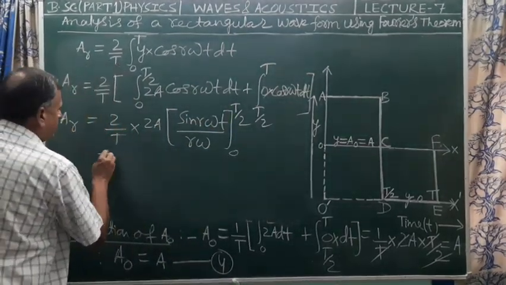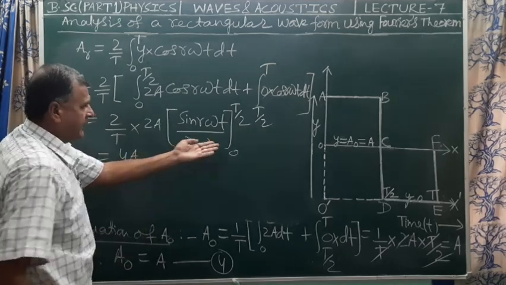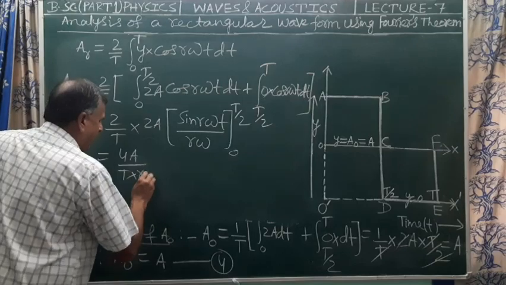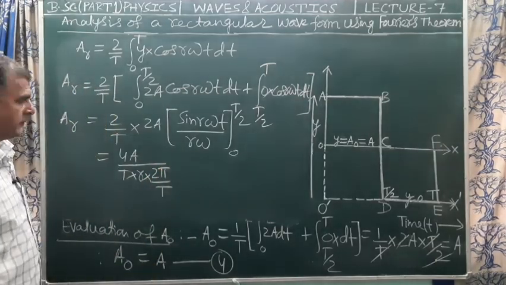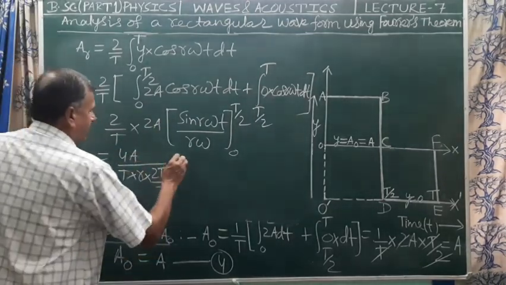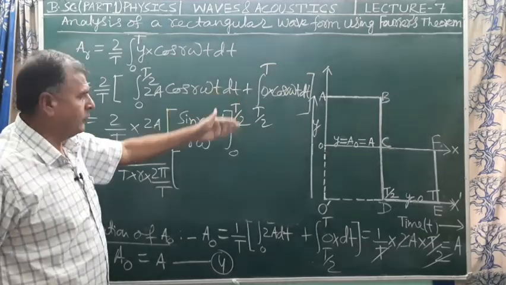Now it is 2 into 2a, that is 4a upon capital T. R omega is taken out of the bracket, where omega is the angular velocity or angular frequency, which is 2 pi upon T. Now the upper limit is T by 2 and the lower limit is 0.